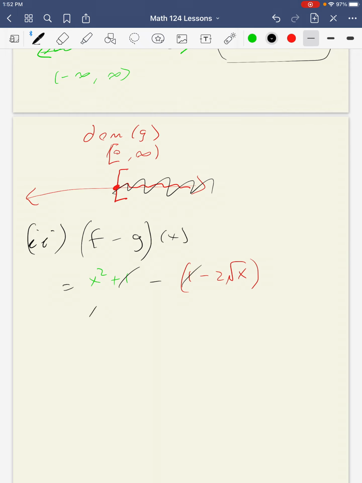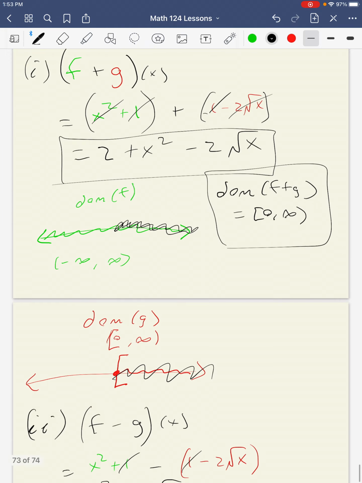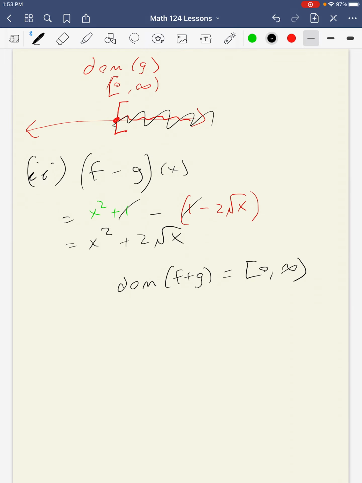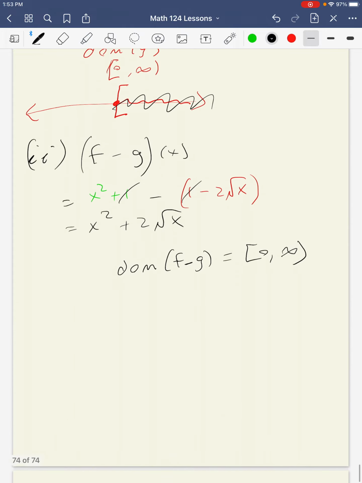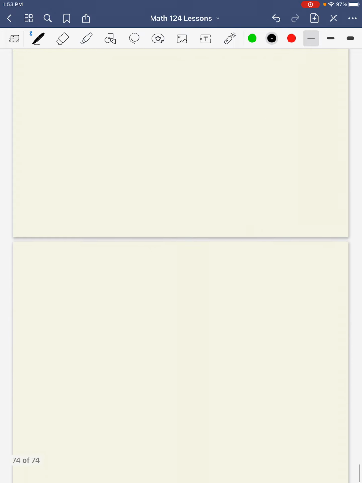So when we clean this up, we are left with x squared plus 2 square root x. And the overlap of these domains is again going to be 0 to infinity. If we just look at the picture I drew earlier, it's when the two domains overlap. I meant to write a minus sign there. Domain of f minus g is 0 to infinity. So that is an example when we add and subtract functions.